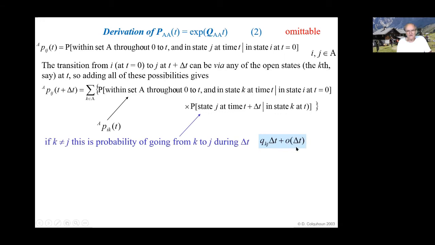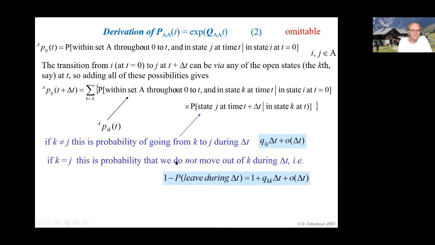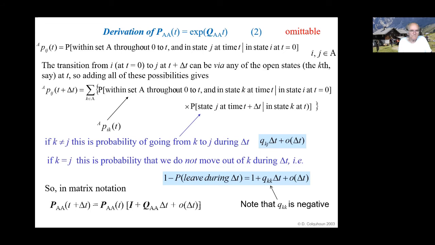This term is familiar to anyone who's done calculus because it's a quantity which disappears as delta t gets very small. If k is equal to j, then this is the probability that we don't move out of k during delta t, which is that. So in matrix notation, we get that.